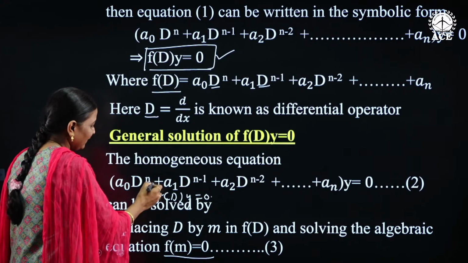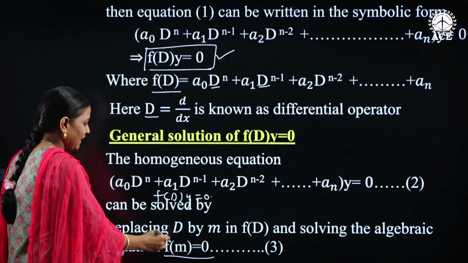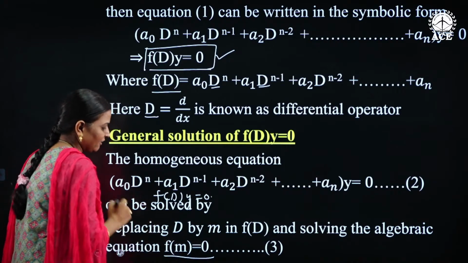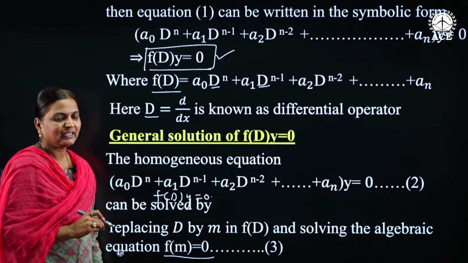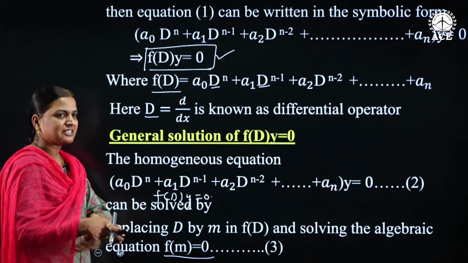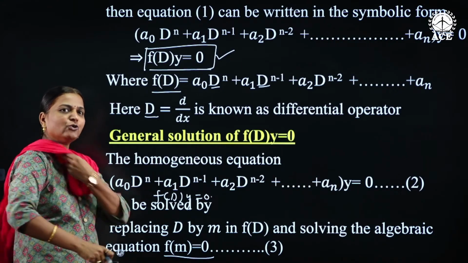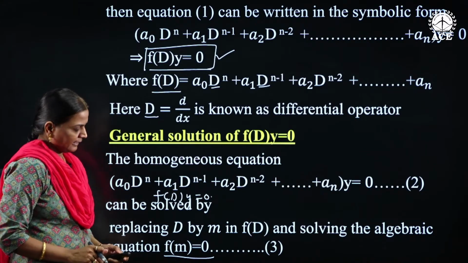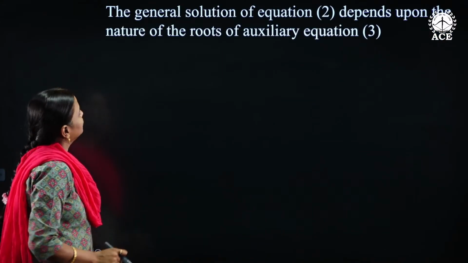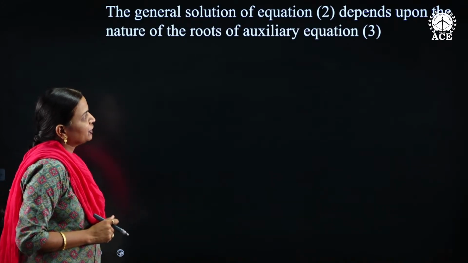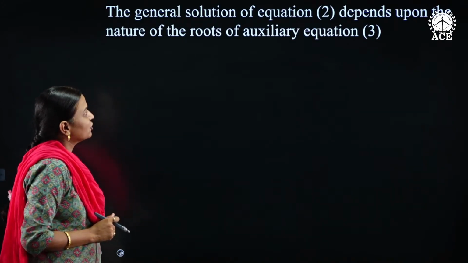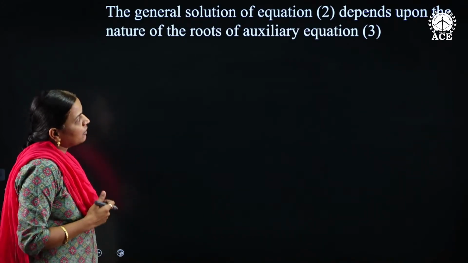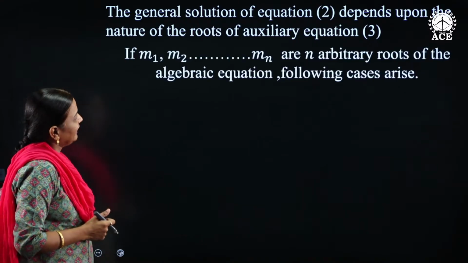If it is a polynomial of degree n, from this equation we get n roots. So the general solution totally depends on the nature of the roots of the algebraic equation. That is, the general solution of equation 2 depends upon the nature of the roots of the auxiliary equation or algebraic equation.